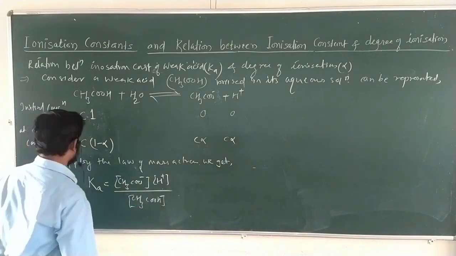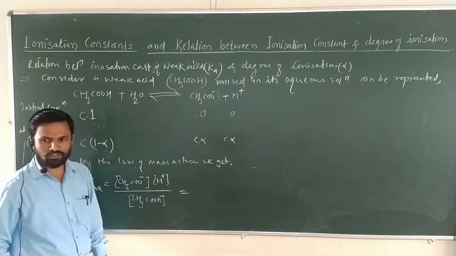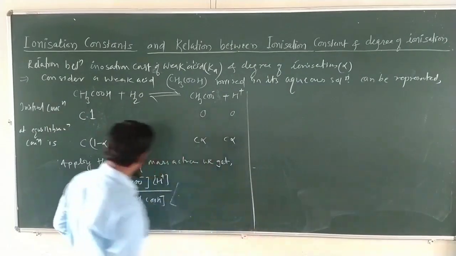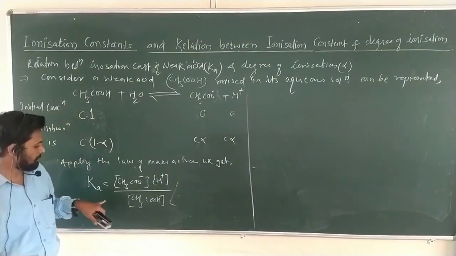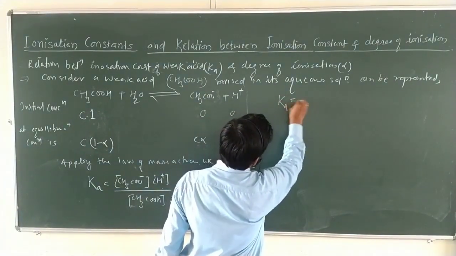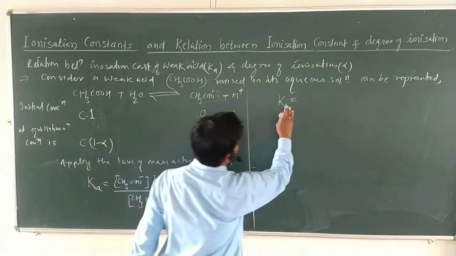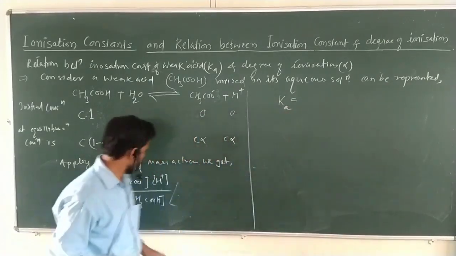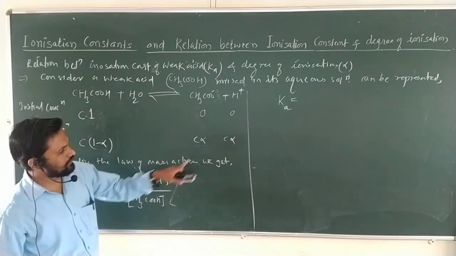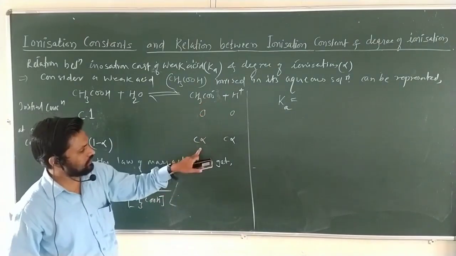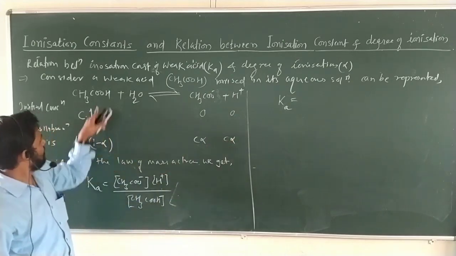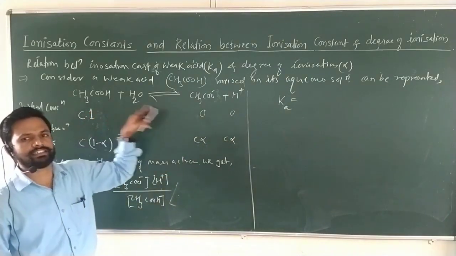Now this equation can be written very simply. Substitute the values of concentrations into this equation. Ka equals the concentration of acetate ion times the concentration of H plus ions, divided by the concentration of unionized acetic acid.